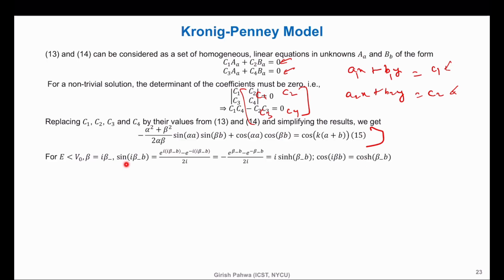So you replace sine iota beta b with iota sine hyperbolic, and cos with cos hyperbolic. After doing that, you get this equation. So all the alphas will have sine and cosine, and the beta will become sine hyperbolic and cos hyperbolic. You can see that.